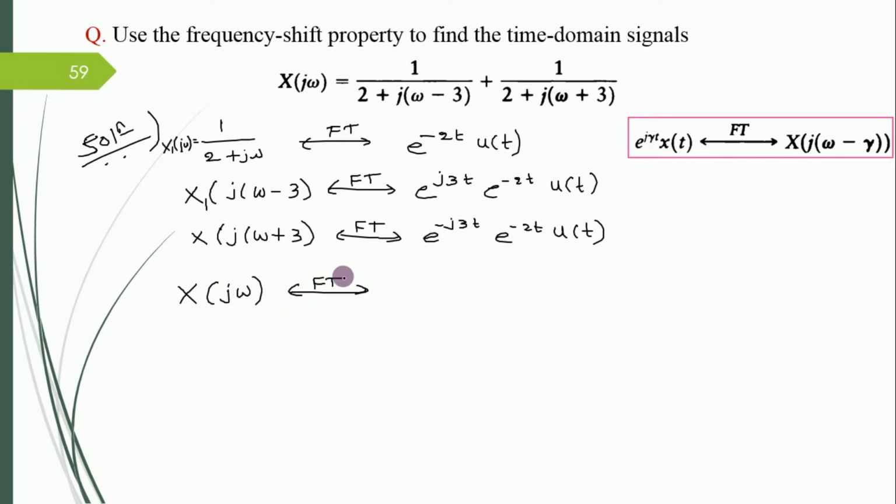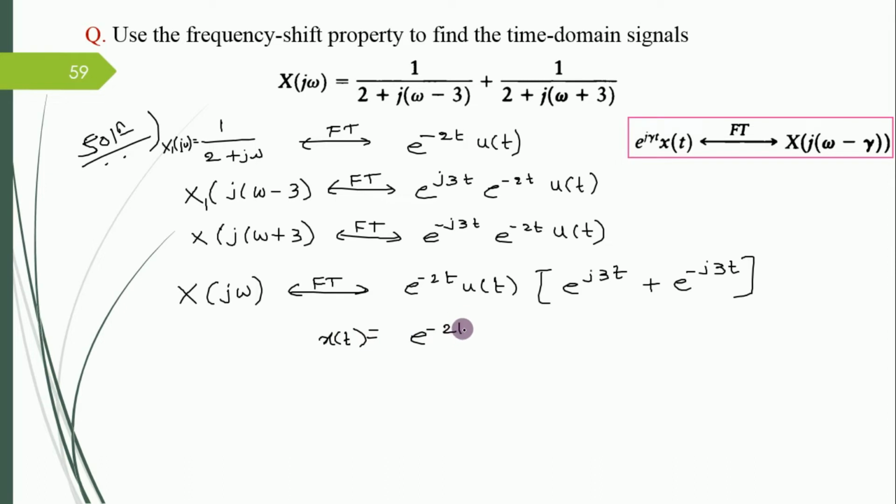So its FT pair is, adding both, e raised to minus 2t I'll take common, into u of t. What is left is e raised to j 3t plus e raised to minus j 3t. You can use Euler's theorem in order to find x of t.